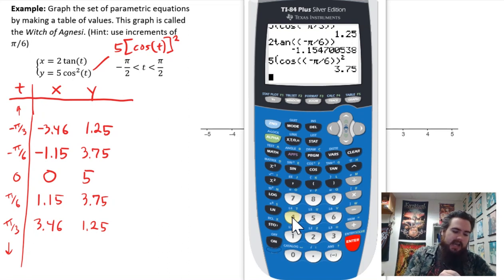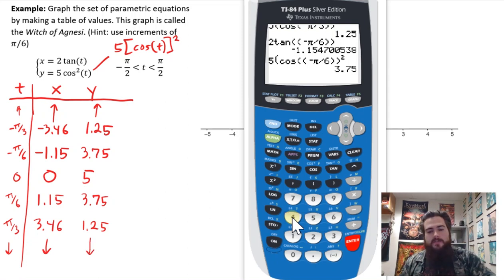It seems that as my t gets smaller, so closer to negative pi halves, x is getting progressively more negative, y is getting smaller and smaller, and in this case, is going to get closer to 0. Whereas as I get closer to pi over 2, x is getting larger and larger, but y is yet again getting closer and closer to 0.